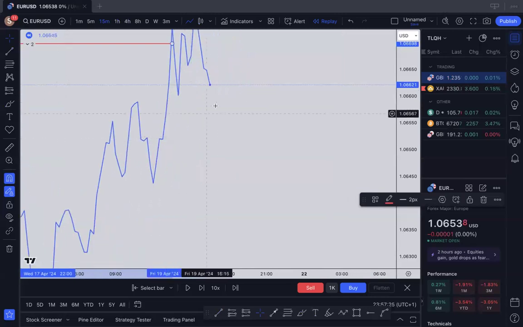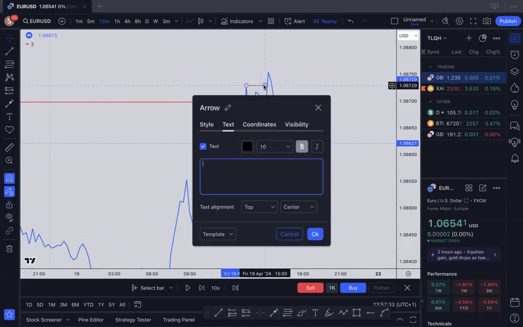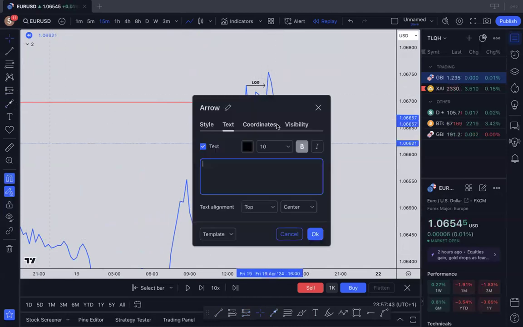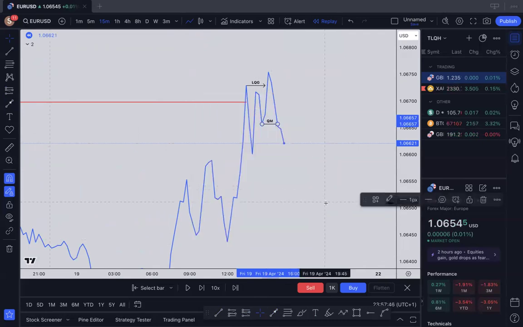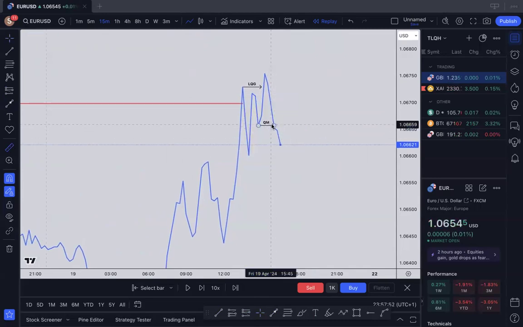Okay. So if I just mark this out, LQG right here. And then this here is the QM. Hopefully that makes sense. So what does this actually mean?